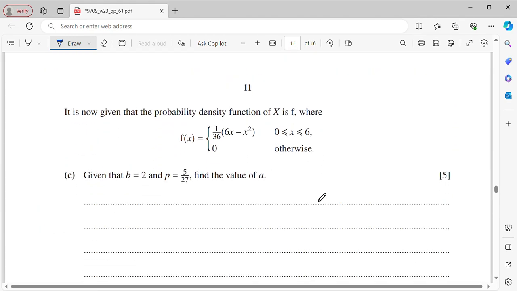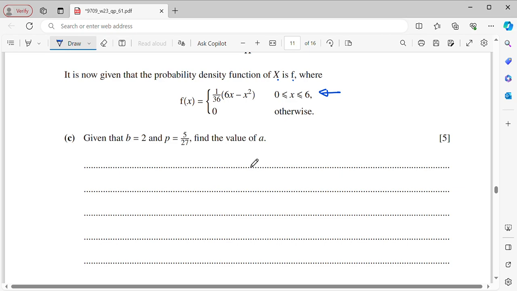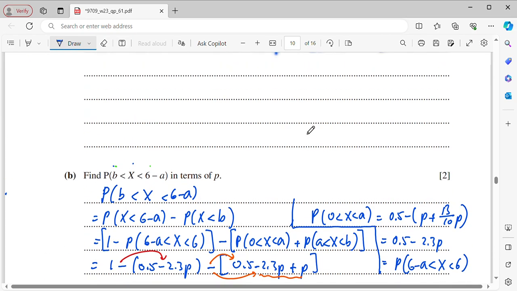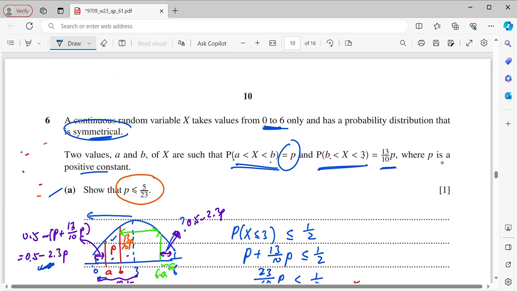Okay, now next. It is now given that the probability density function of x is f, whereby this is the function. Given that b equals 2 and p equals 5 over 27, find the a. So now let's look at the previous part that involves b and also p. That means refer to probability of x between a and b is p.